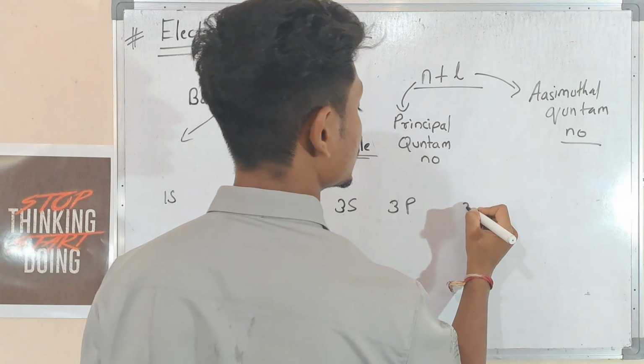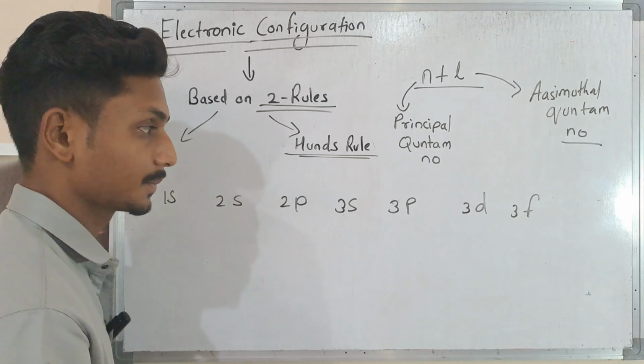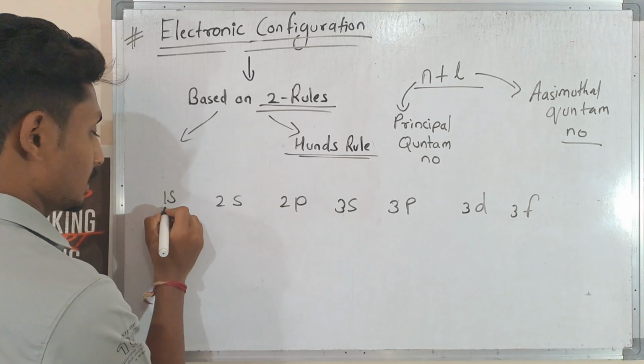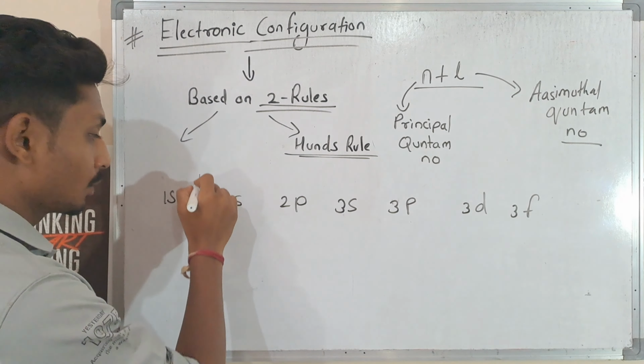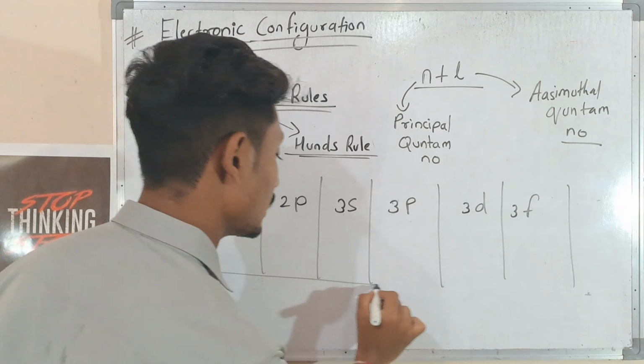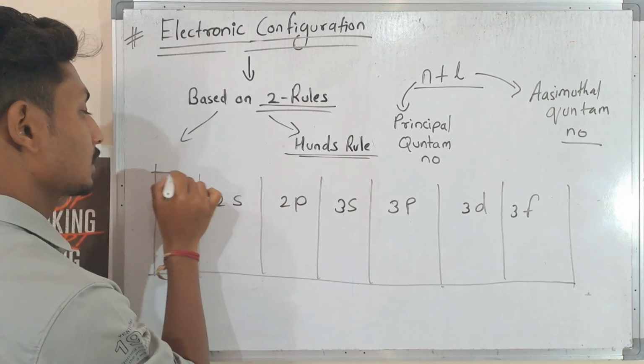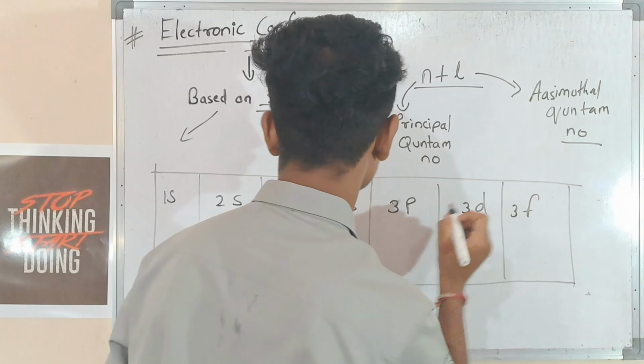Write this in increasing order of energy. First, we have to calculate all of them by the n plus l rule.